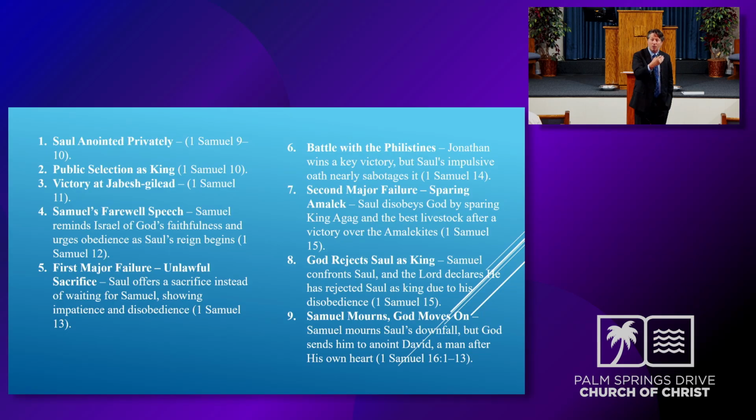You have not done what you were supposed to do. Therefore, the Lord has decided to take the kingdom away from you and Jonathan, your lineage, and he's looking for someone better than you. He's looking for someone who has a heart like his heart. And so Saul is another important figure.